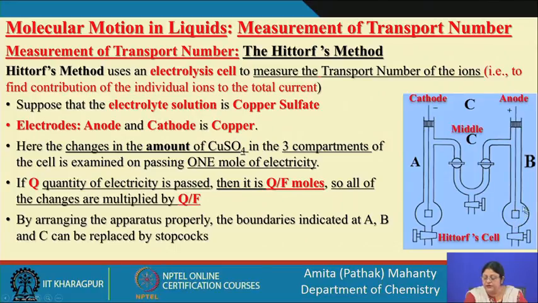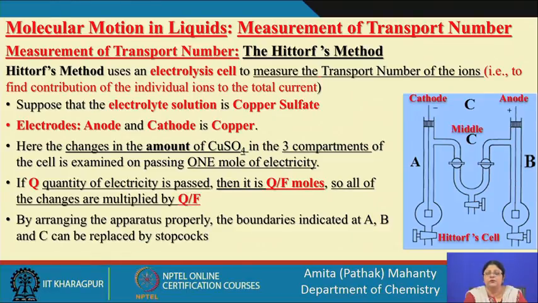We can see the changes in the concentration of copper sulphate here, and then you have the middle section, which also has copper sulphate electrolyte, separated by a stopcock. So, I have three distinct boundaries, so that from each portion I can take out an amount of the electrolyte and find out the amount of copper sulphate that has changed.